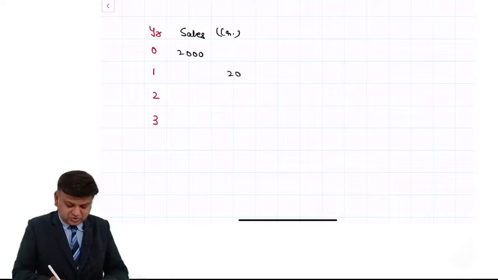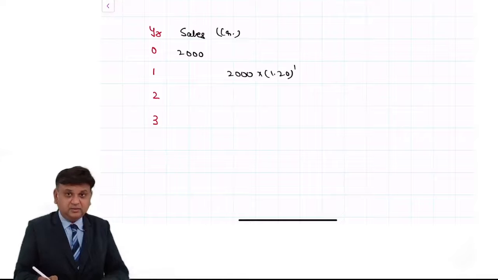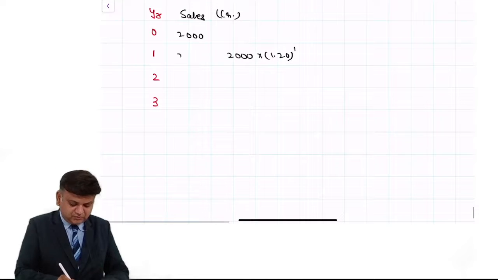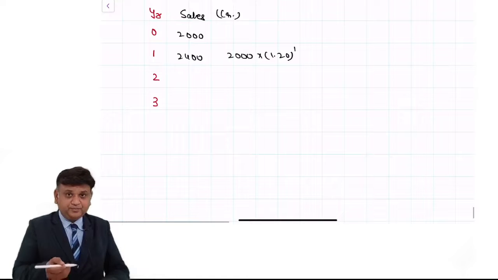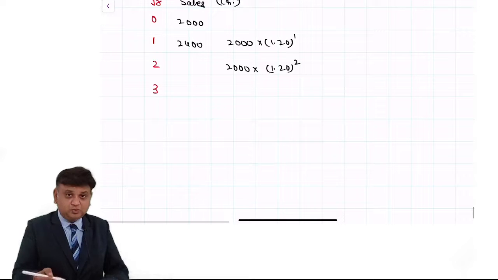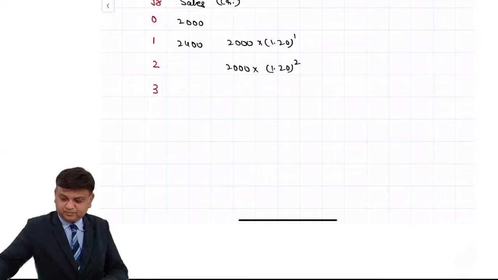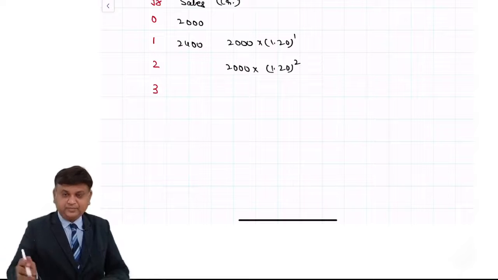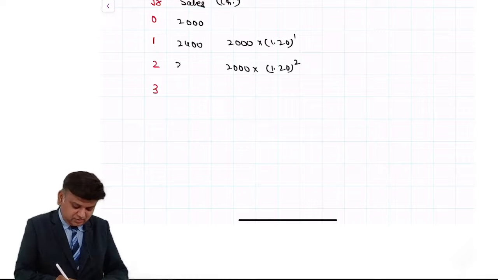So it is 2000 into 1.20 raised to 1. That comes to 2400. Second year, it is 2000 into 1.20 raised to 2. That is 2880.